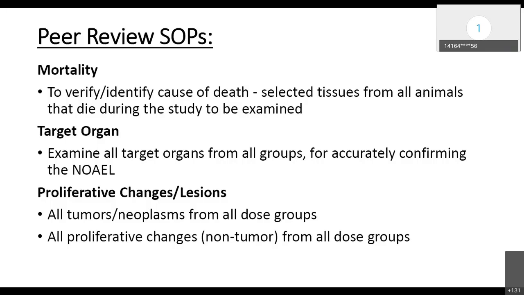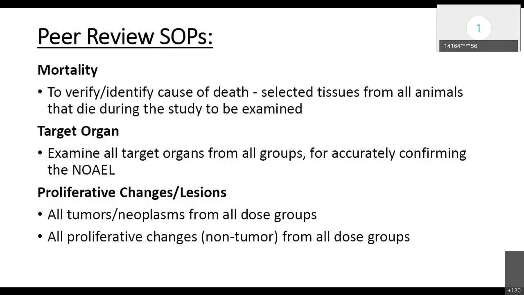And in case you are doing long-term studies like 6-month and carcinogenicity studies, then in those studies, all tumors or neoplasms from all those groups, low, mid, high, control, negative control, and proliferative changes. So proliferative changes are mainly hyperplasia, hypertrophy kind of thing, which are non-tumor changes, from all those groups have to be examined.